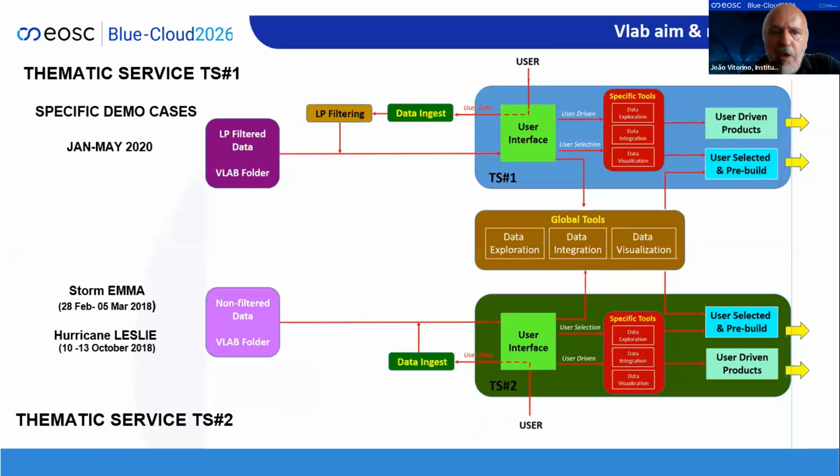For these two thematic services we are following the same workflow that I defined before, but also with the definition of specific demonstration cases that rely on specific products, and opening the interaction with other user-dependent choices for the exploration of this thematic service.